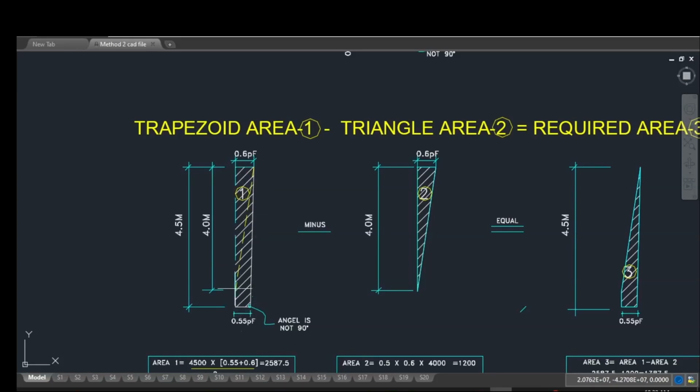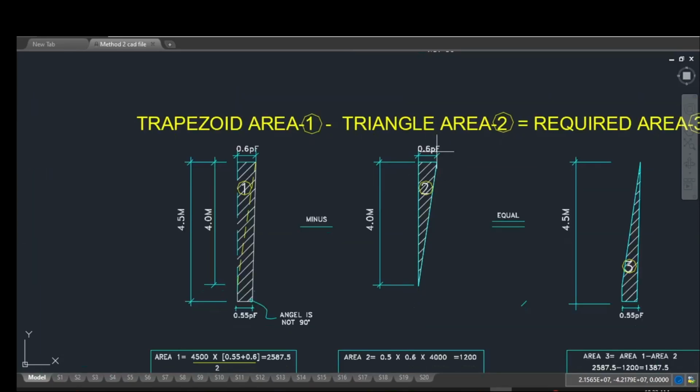Then we can take this little slice of triangle on its own, which also has a design suction change at the surface level of 0.6 picofarad, and the depth of design suction change is 4 meters.